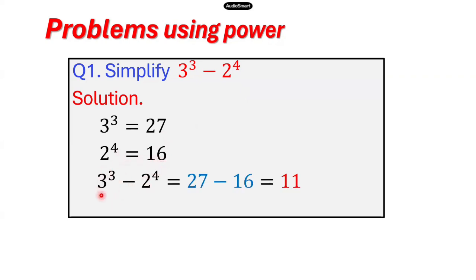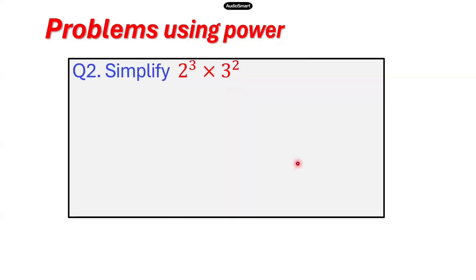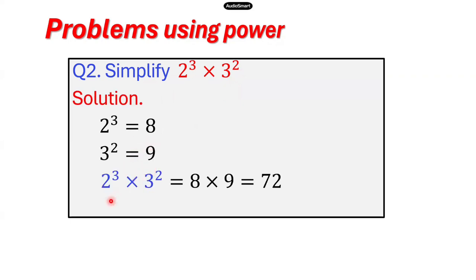So 3 to the power 3 minus 2 to the power 4 is 27 minus 16, which is 11. Next, we may have a problem using multiplication. Here, 2 to the power 3 multiplied by 3 square. 2 to the power 3 is 8 and 3 square is 9. So the multiplication gives you 8 multiplied by 9, which is 72.